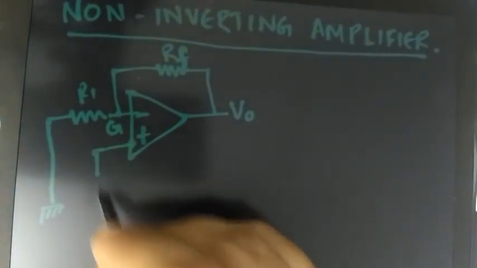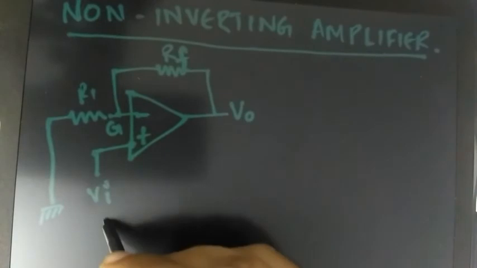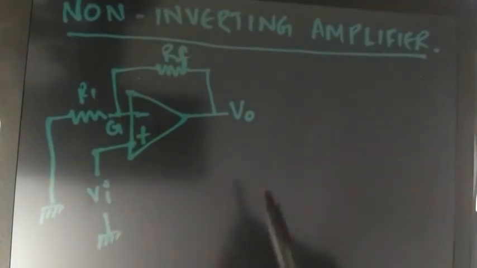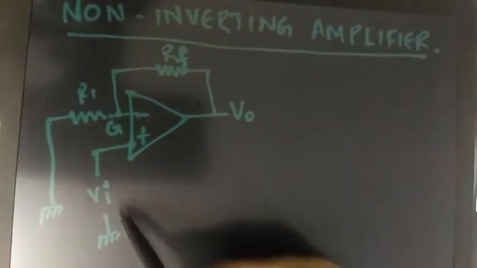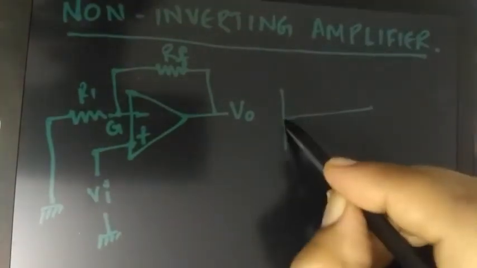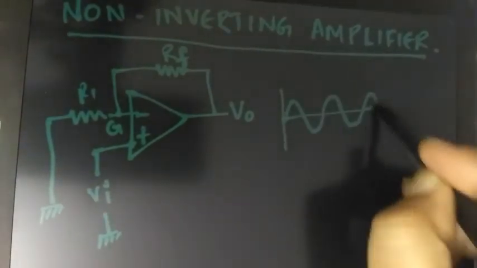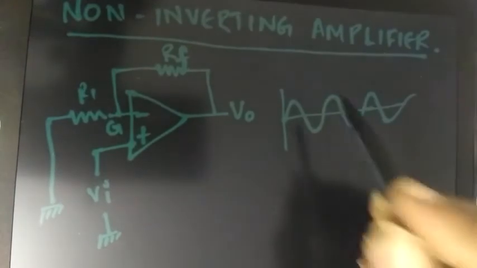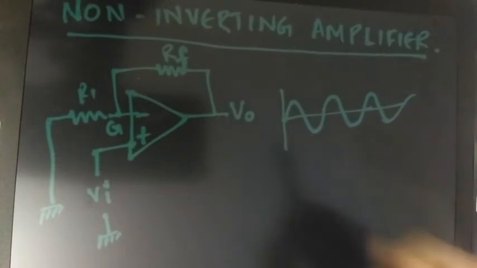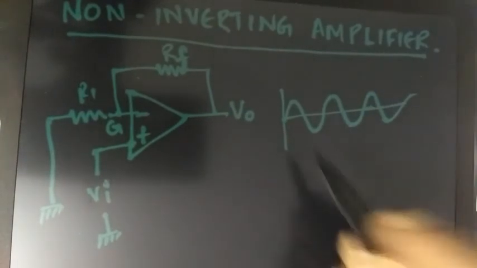We will be applying voltage at this non-inverting section. As the name suggests, if you apply a signal, say, in this format over here in this section, then the output will be non-inverting.